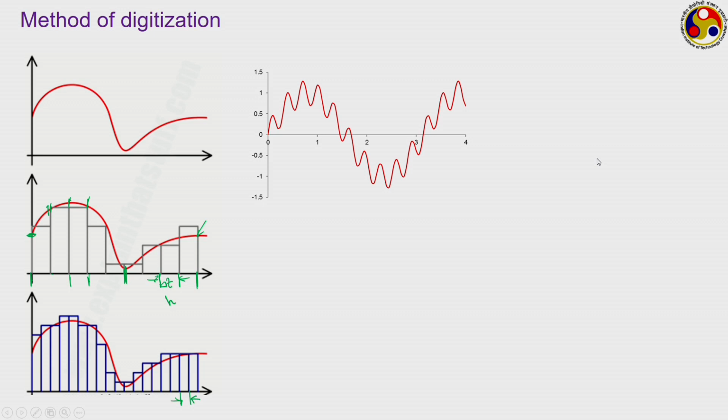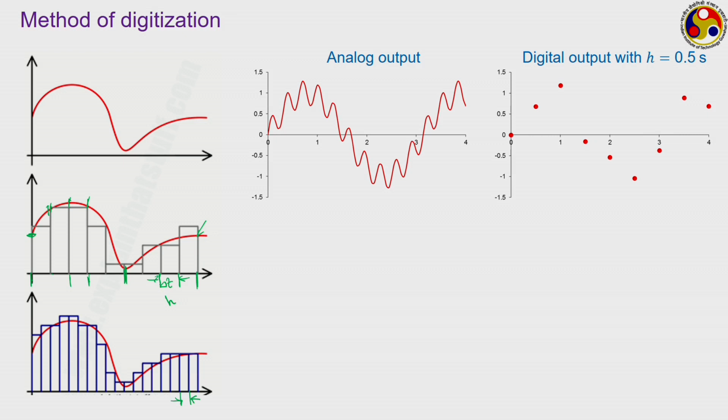So, this is the data set that we had originally, which is the analog output. Now, with an h value of 0.5 second, and the total span of 4 seconds, we have measured the values. You can see here you get the first one at t equal to 0, and then after every 0.5 second, we get a measurement, leading to a total of 9 data points.